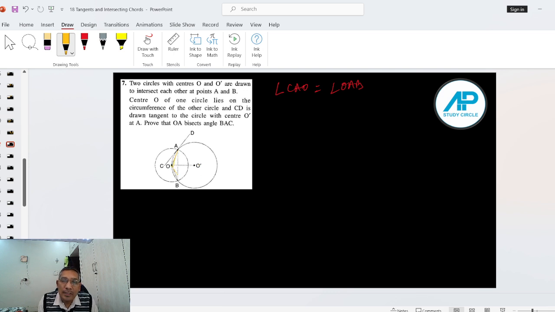and OB are basically the radius of the bigger circle, right?